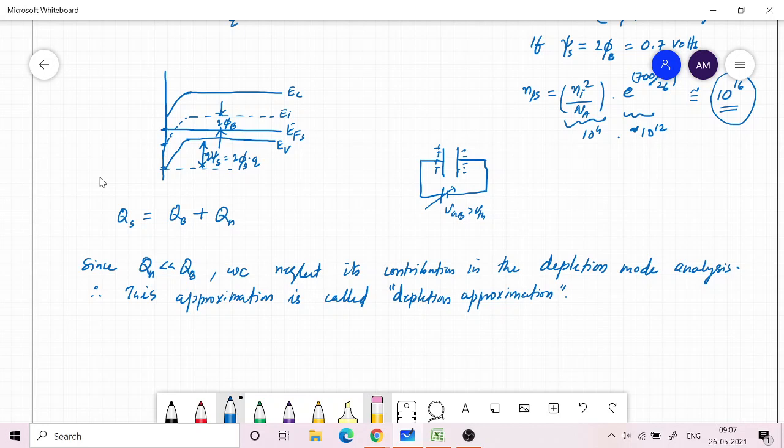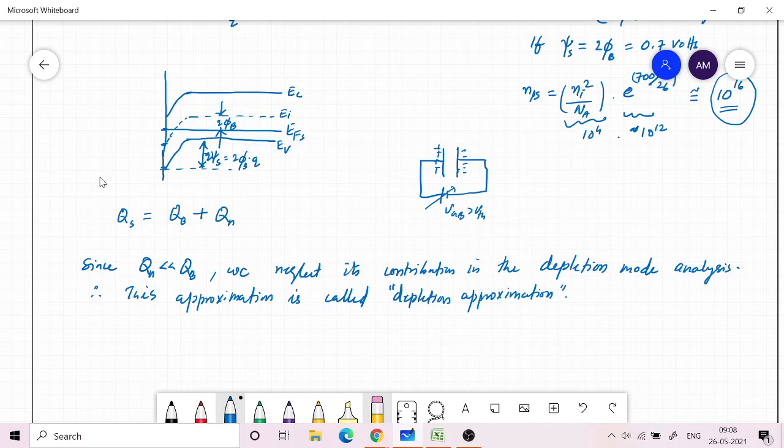I did not take into account this Qn because it was much smaller. I did not show it initially, but last class I showed that it is much smaller by using this formula. You can see it by taking different cases of psi s. You can see for yourself that for any voltage of psi s between 0 and 2 phi b, you will not make much error by neglecting Qn.